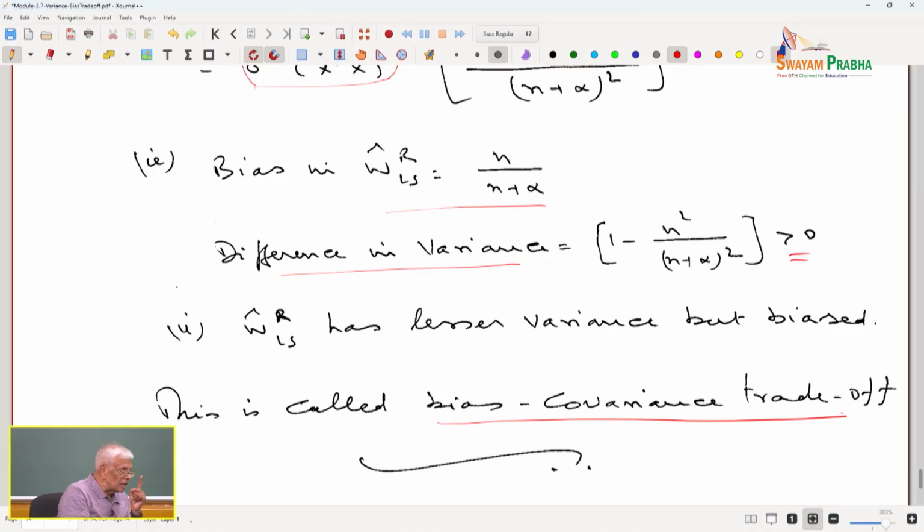Please understand, our ultimate goal is to have minimum variance unbiased linear estimates, BLUE. So U in BLUE, best unbiased linear estimate. We still have the best. We lost U, but the variance, while being least, is also now reduced.